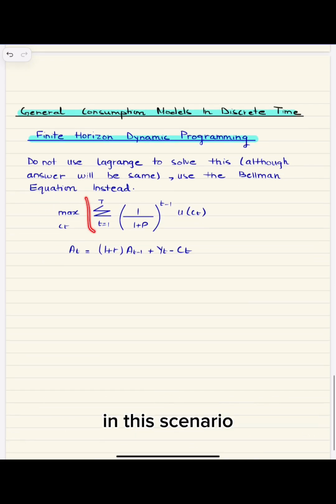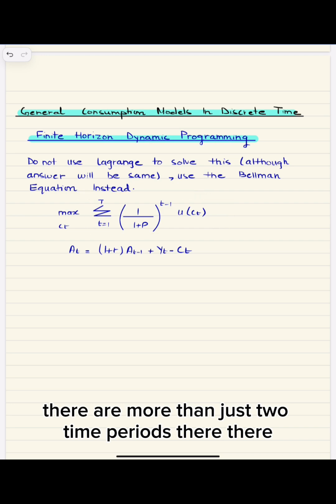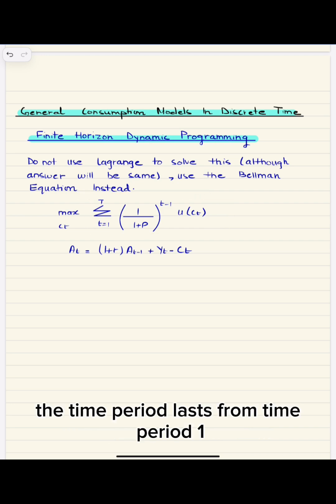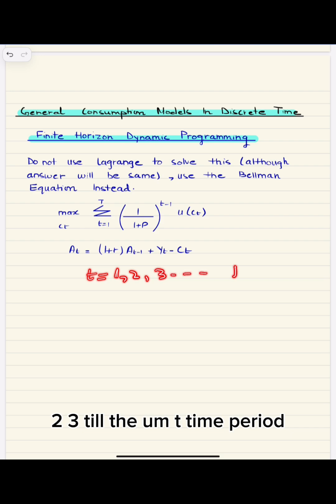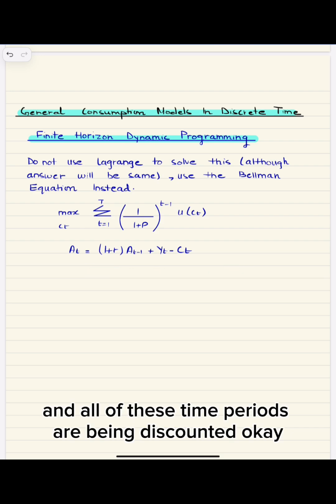However, in this scenario, there are more than just two time periods. The time period lasts from time period 1, 2, 3 till the T time period, capital T. And all of these time periods are being discounted.